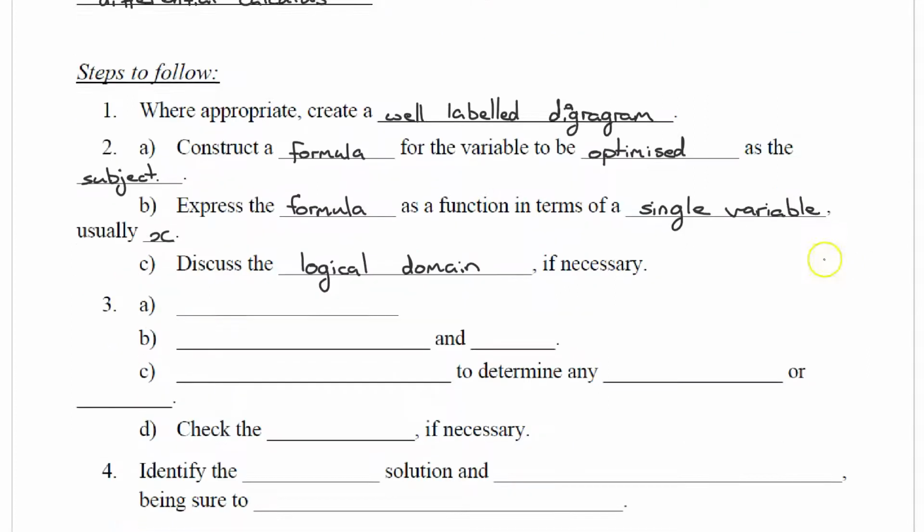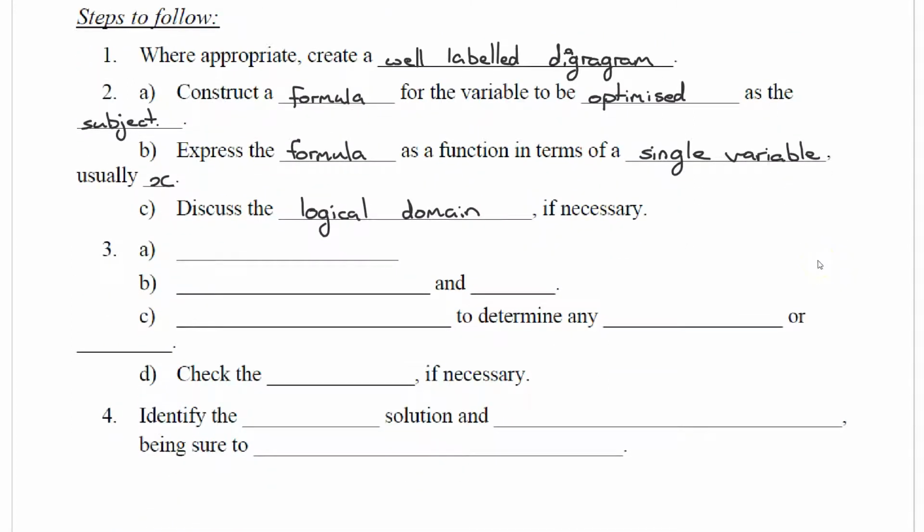Alright, so step 3. This is when we really get into the optimization process and where differential calculus stands in. So step 3, part A, we differentiate. Part B, equate to 0 and solve. Reason being, we're looking for the stationary points.